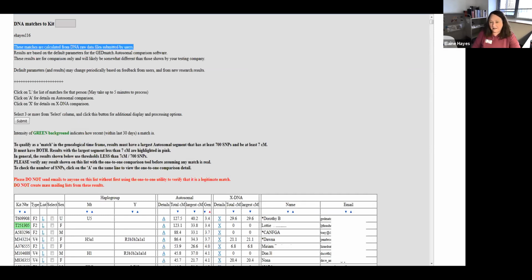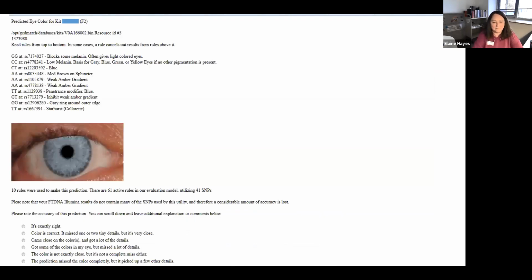You have to opt in to research and opt in to law enforcement matching, because GEDmatch does accept DNA from law enforcement places, so they could be looking for perpetrators of crimes or Jane Doe or John Doe information and things like that. I actually opted into that because I just want to help out.